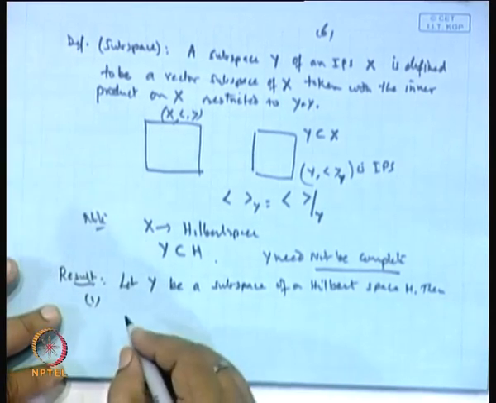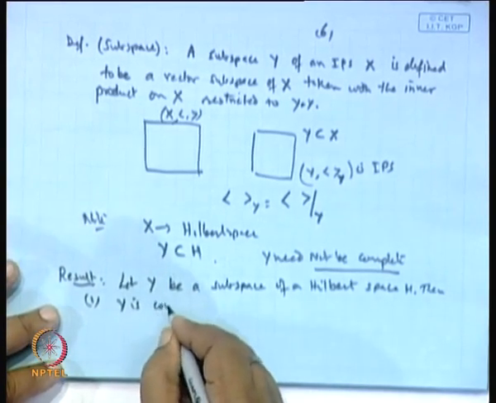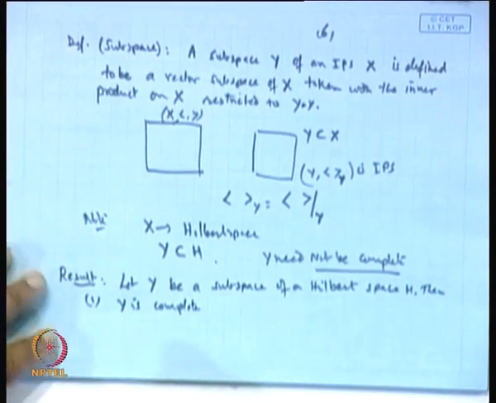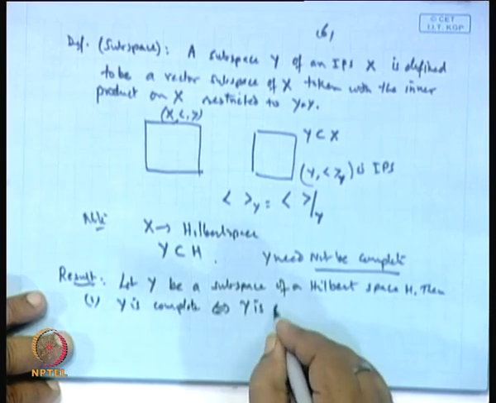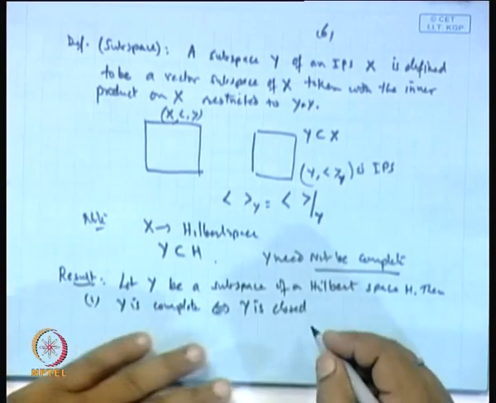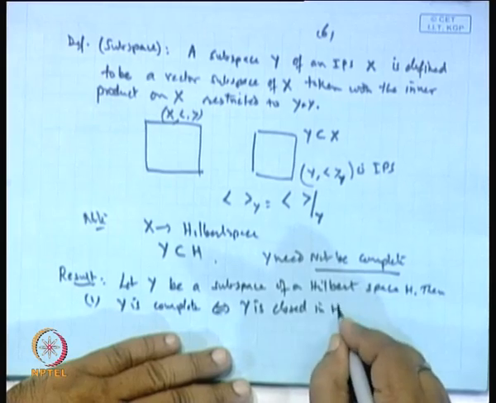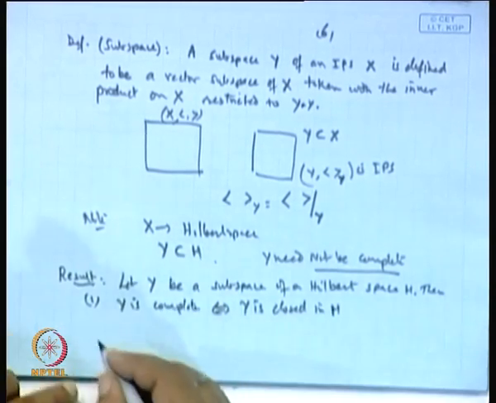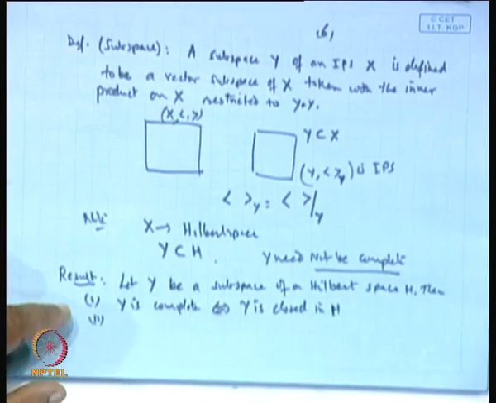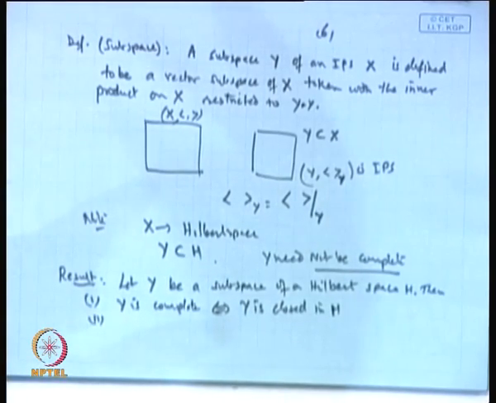Y is complete if and only if Y is closed in H. This was also a result in the case of norm space, is it not? Every closed subspace of a Banach space is Banach.